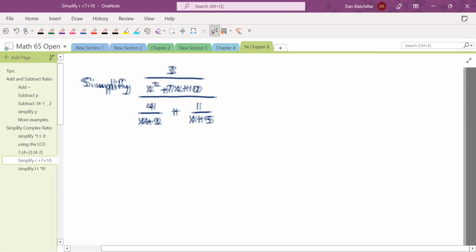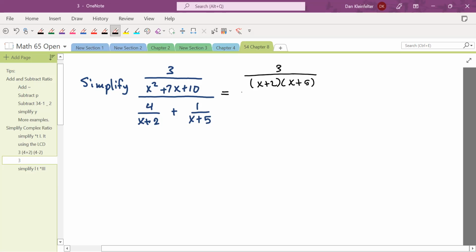Okay, so in this one, to find the least common multiple, let me go ahead and factor that quadratic denominator we have. That factors as x plus 2 times x plus 5.